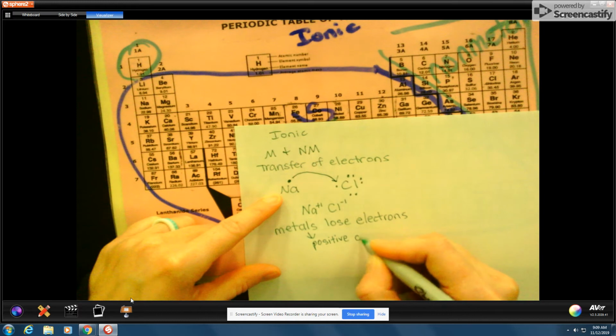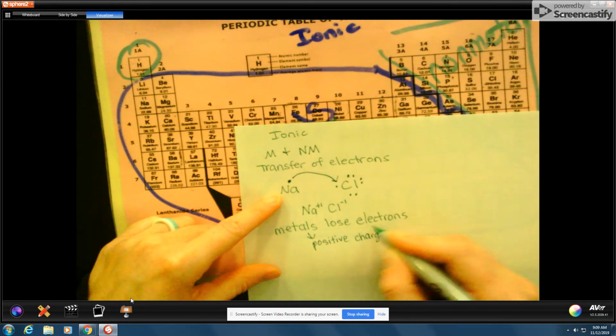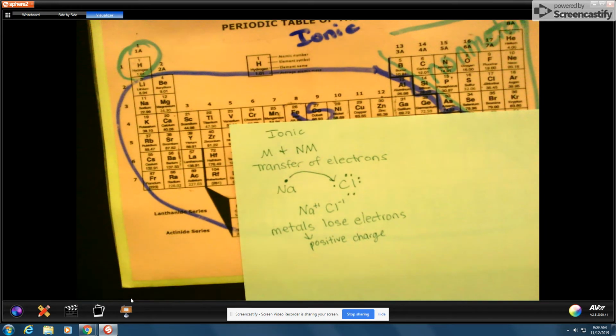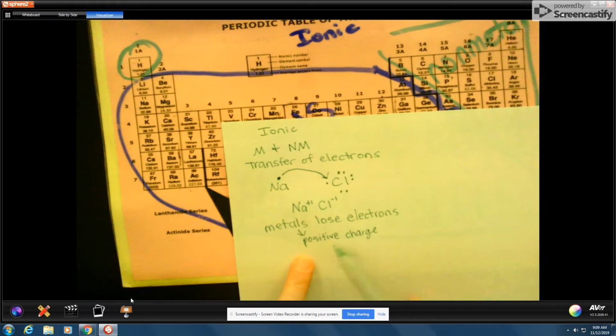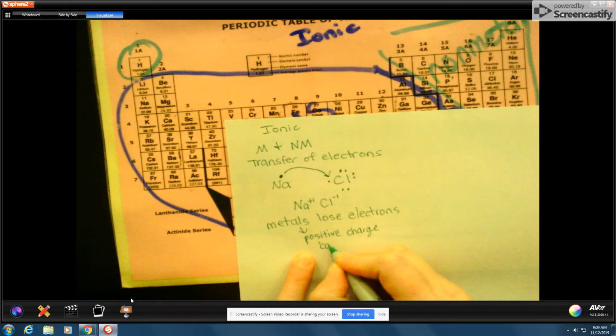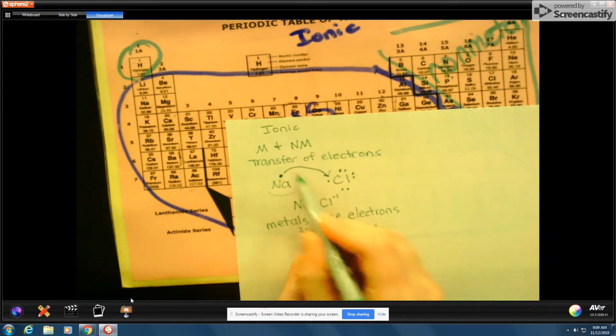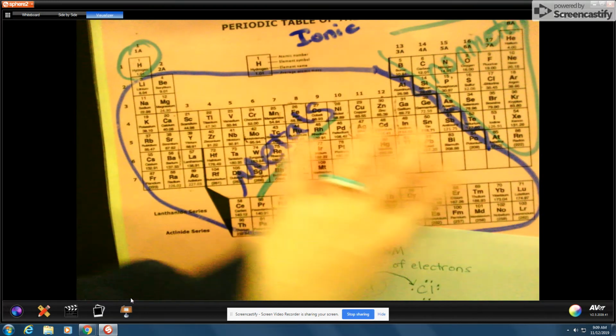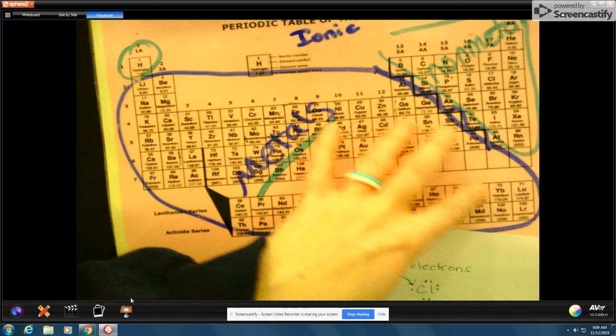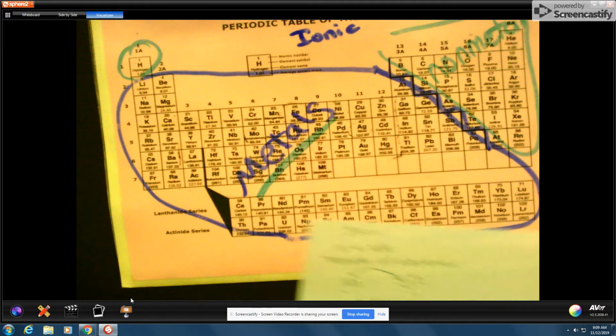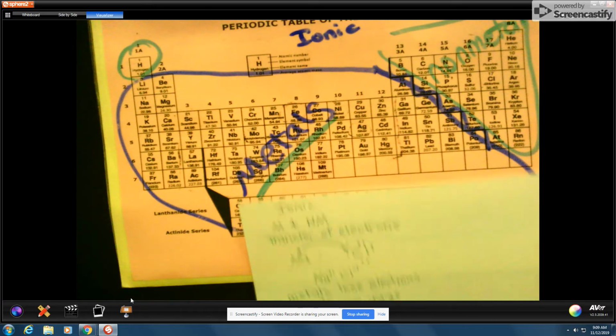They're losing something negative. Just like if I were to lose my negativity, I would become a more positive person. The metals are losing something that's negative and becoming positive. The vocab term for this is cation. All of your metals do this. All of this area right here does this. Everything in this area will have a positive charge and will be a cation.